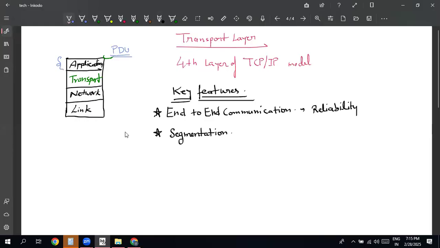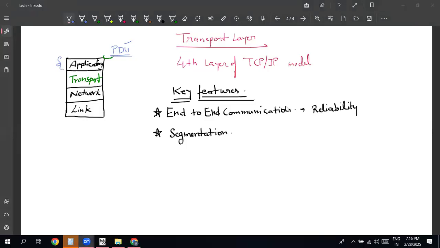You can unmute and speak, rather than typing in the chat box, because it won't be possible for me to check the chat every time. Anyone? What was the protocol data unit of the application layer? Yesterday I discussed it. Anyone remember? I'll repeat it if none of you remember.